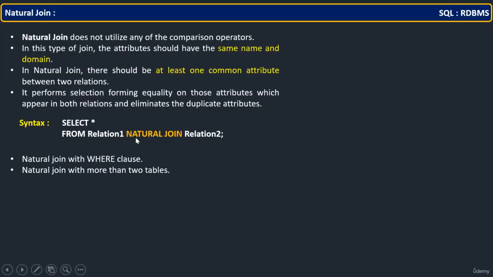If you are going for the natural join, first of all observe the metadata of the tables, the metadata of the relations. That means whether you have the same name or not, and at the same time the same domain or not. Then you can go for the natural join. After that, you can use where clause also along with the natural join, and you can go for more than 2 tables also. But be careful, if there is no common column, then it is going for the cross join. Okay.